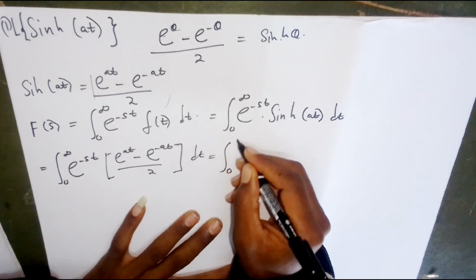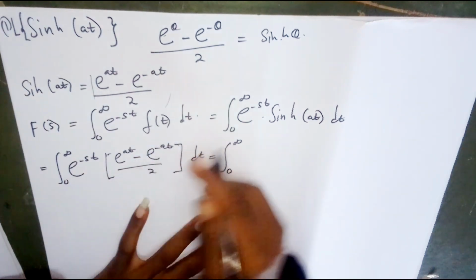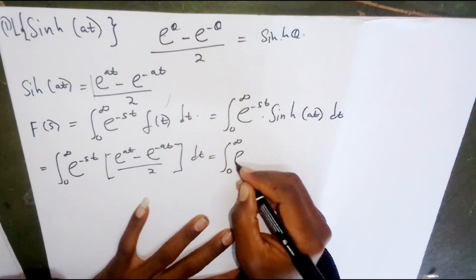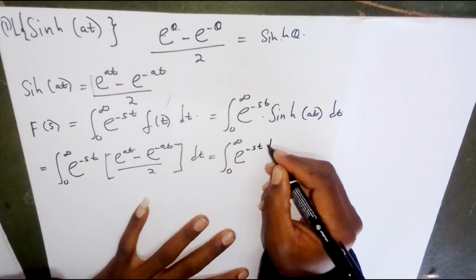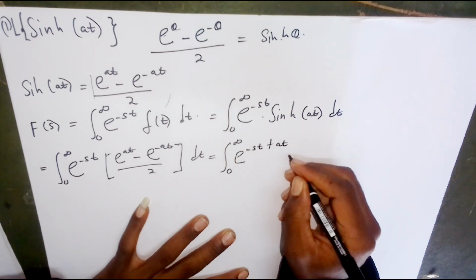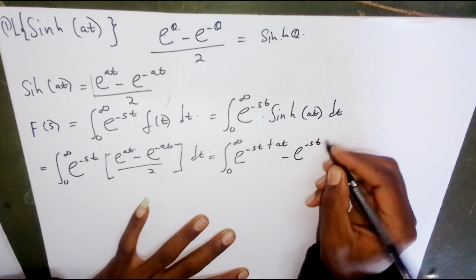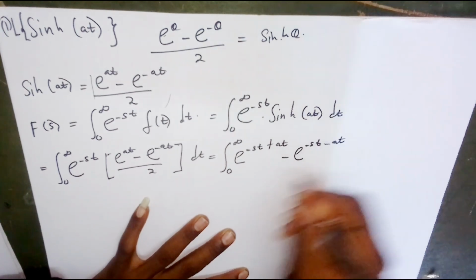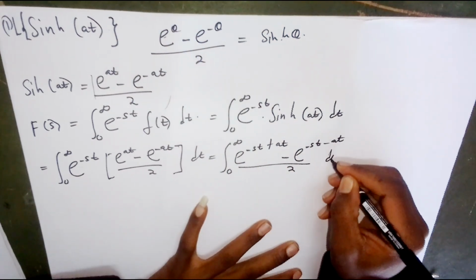Then this equals the integral from 0 up to infinity, and we can multiply each term in the brackets by e to the power negative st. Then we are left with e to the power negative st plus at, minus e to the power negative st minus at, over 2, dt.